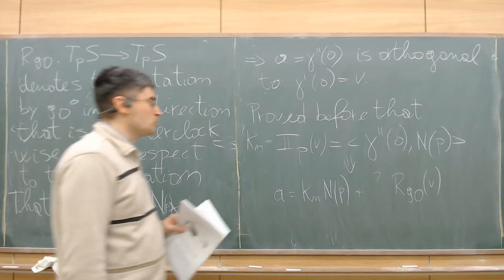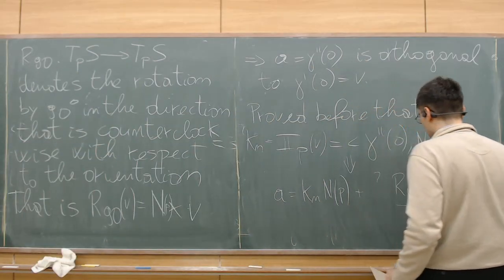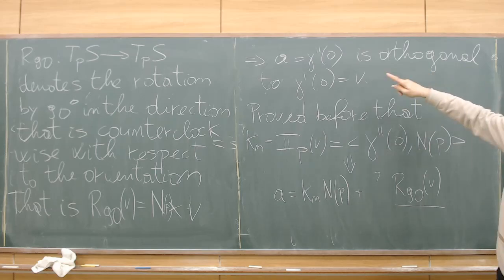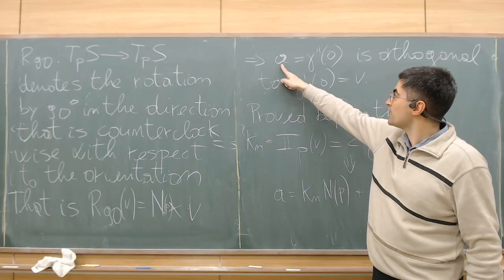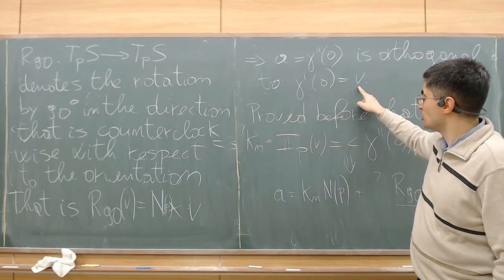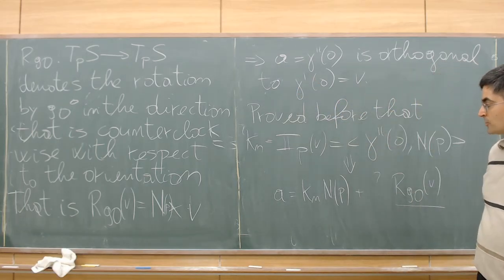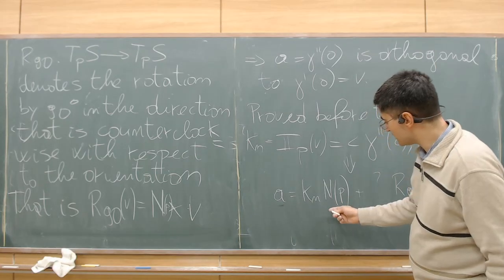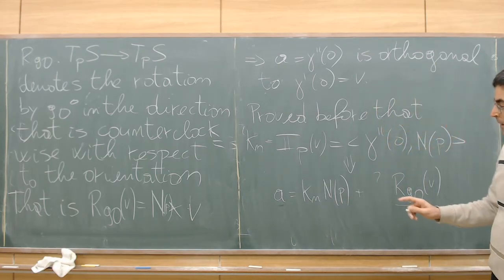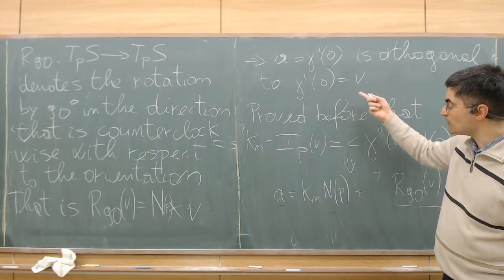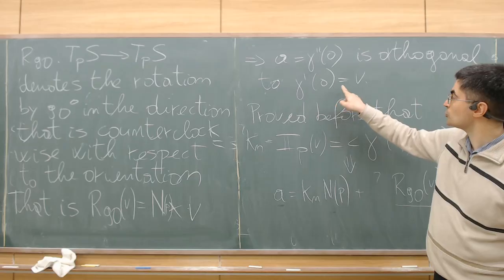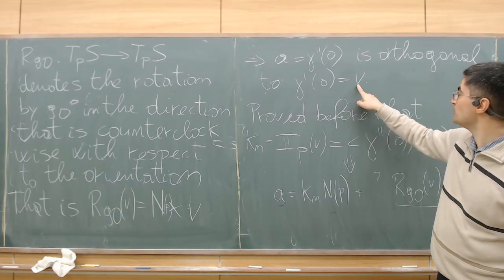Why did I choose this vector? Because this says that the acceleration vector is always orthogonal to V. So I can decompose this as the sum of two terms. Both of them are orthogonal to V. Why? Because n of P is the normal vector at P, which is orthogonal to this vector, which belongs to TPS.